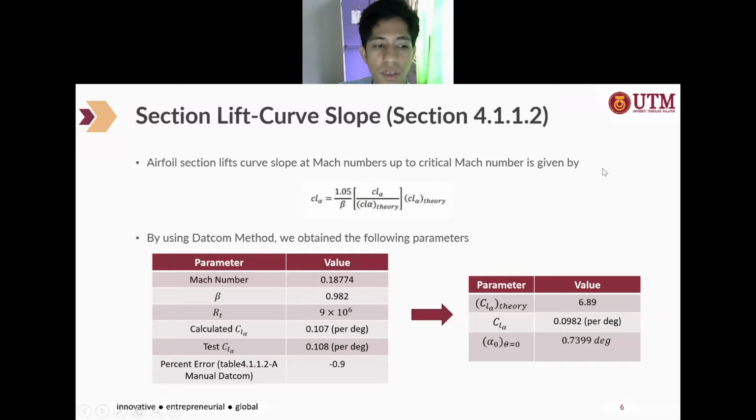And then by using the DATCOM method, we obtain these parameters by referring to the lift curve slope graph. And then we insert these parameters into the project 2 equations. We are able to obtain the lift curve slope, in theory 6.89 and in test 0.0982 per degree, and the zero lift angle of attack is 0.7399 degree.